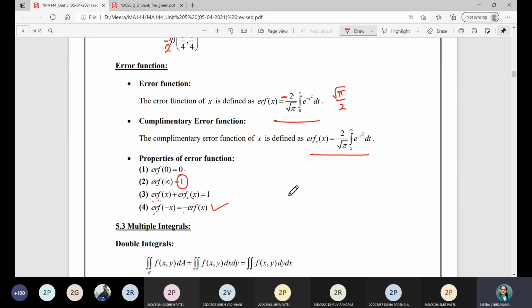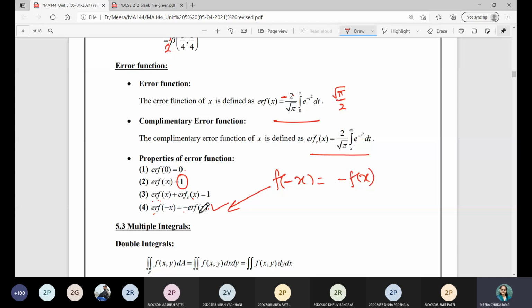From this, what I can say is that the error function is an odd function, right? Whenever f of minus x is equal to minus f of x, we call such a function an odd function. Here that condition is satisfied, therefore we can say that the error function is an odd function. Such a question may be asked in an objective type question, right? It is not mentioned in the material, but from this property you can say that it is an odd function.